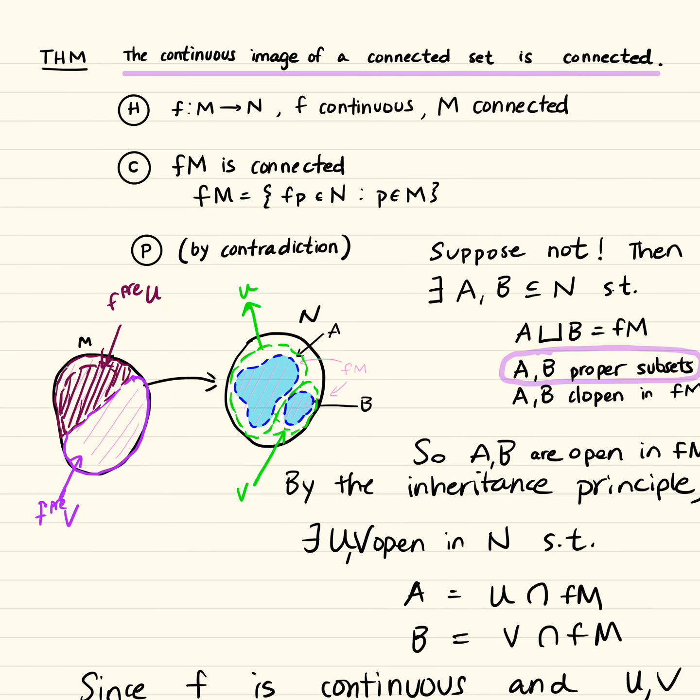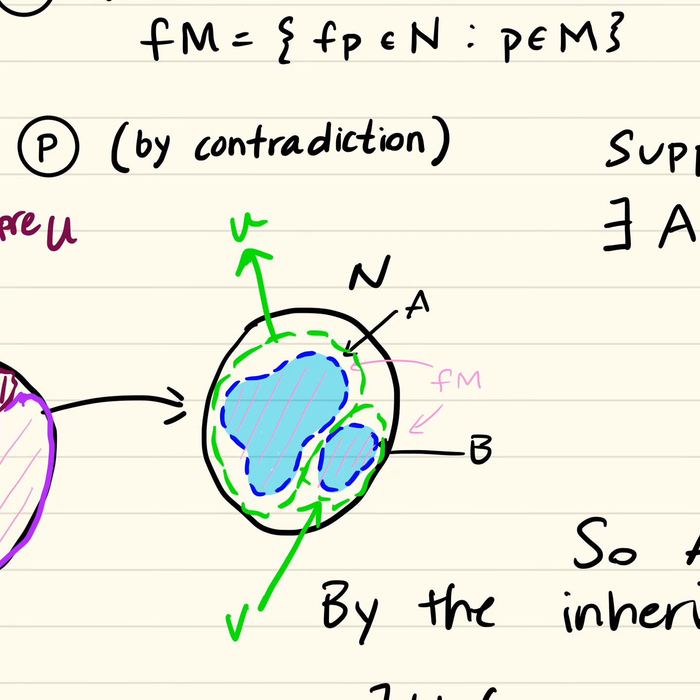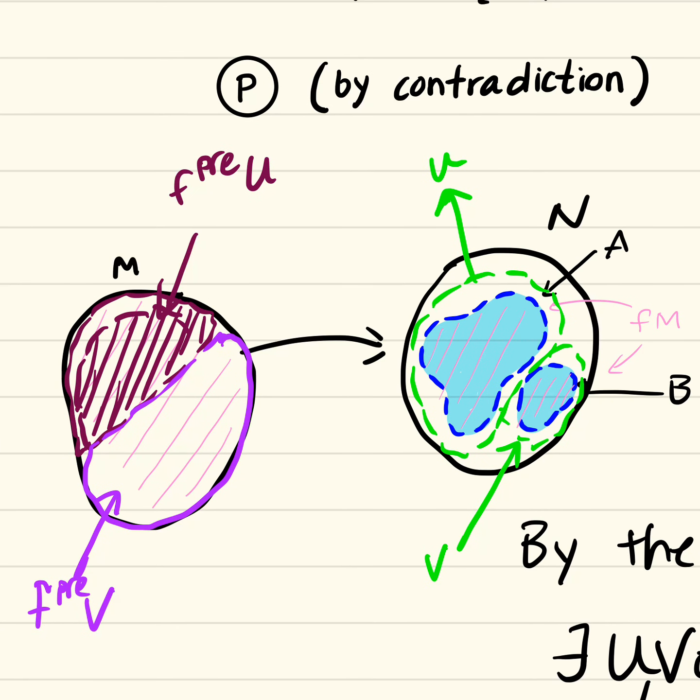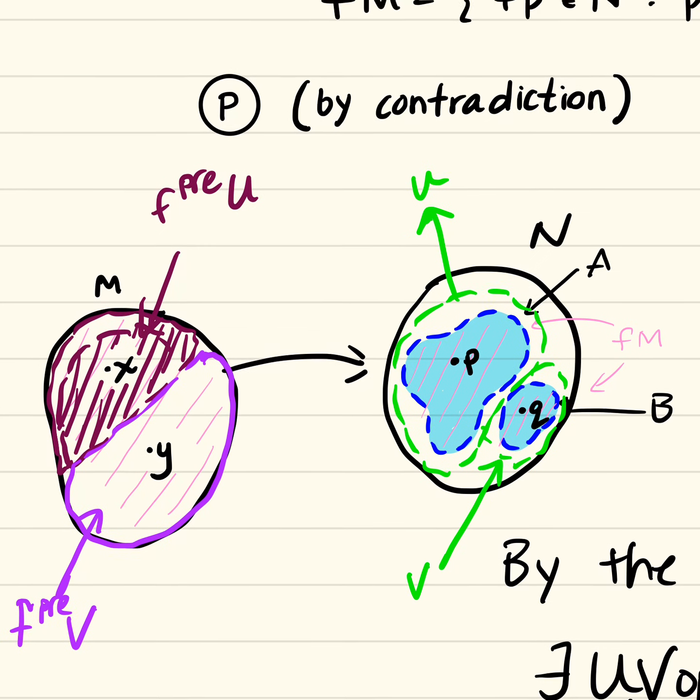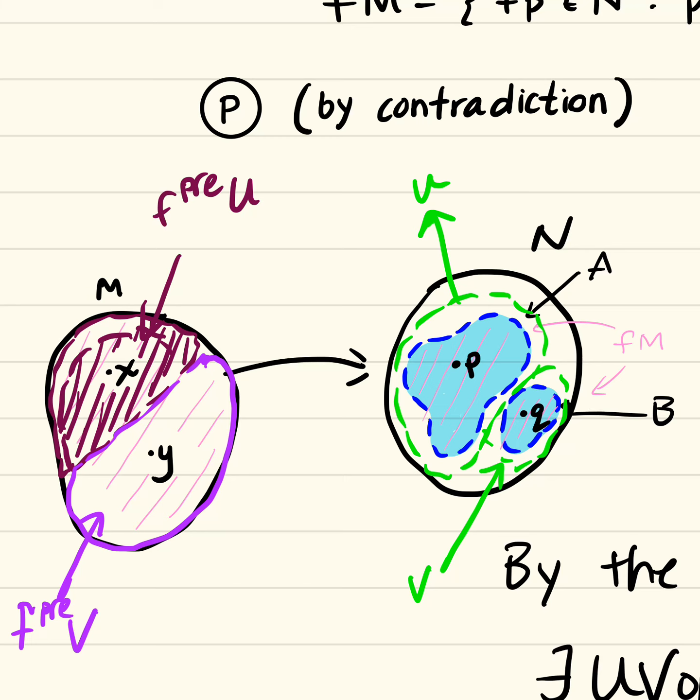Let's go back to our picture here. So here's the idea. If there's some point P here and some point Q here, then there has to be x and y such that F of x is equal to P, and F of y equal to Q.